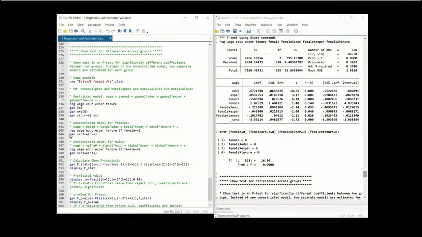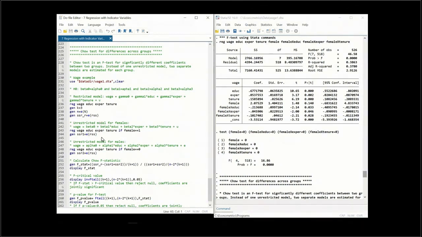So here we would have an unrestricted model for females, which would be a regression of wage on the independent variables if female equals 1, and here a regression of wage on all the independent variables if female equals 0. So this is for the males. We would run these separate models, the unrestricted ones, and get the sum of squared residuals from them. And then we have the restricted model of wage on education, experience, and tenure. We would get these 3 independent variables, the number of observations, and the sum of squared residuals here.